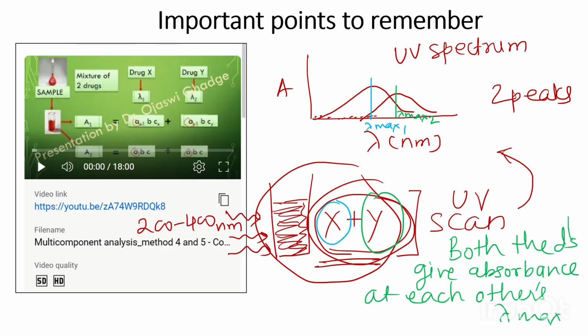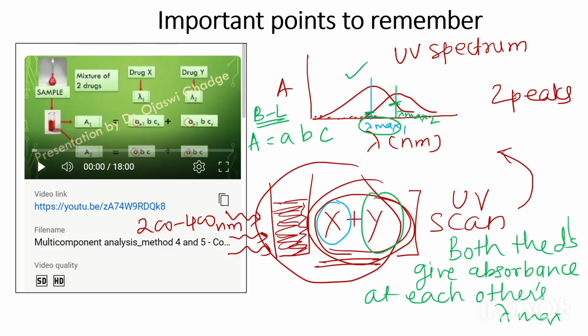So what happens because of this problem? Because of this, we cannot measure the absorbance of an individual drug and calculate its concentration. Because if I take the absorbance at lambda max 1, the other drug is also contributing here. If I take the absorbance at lambda max 2, the other drug is contributing some of its absorbance here, and therefore we cannot directly use the equation A = ABC, which we have obtained from Beer-Lambert's law.